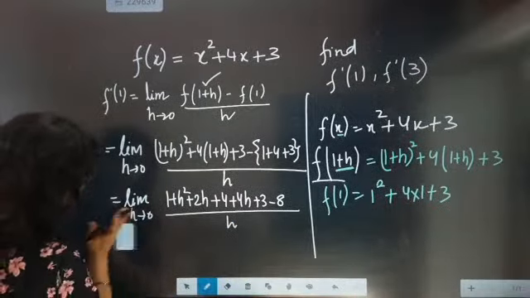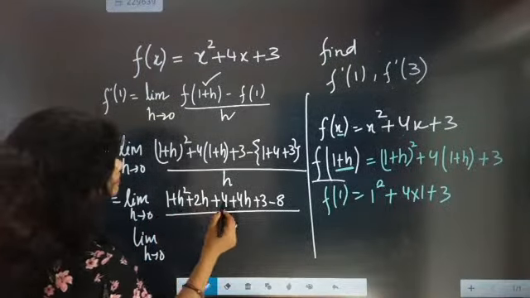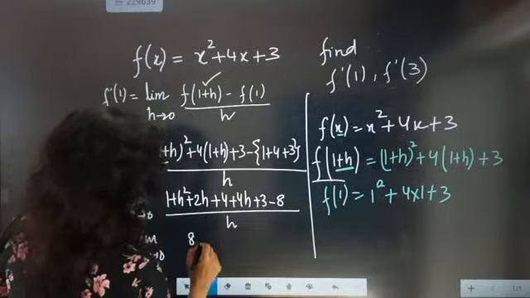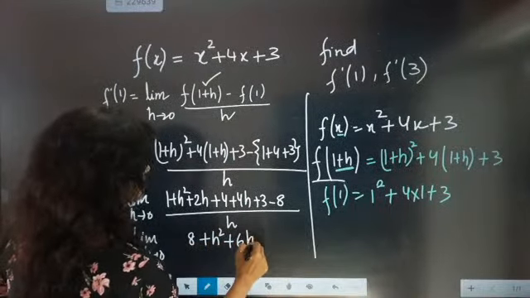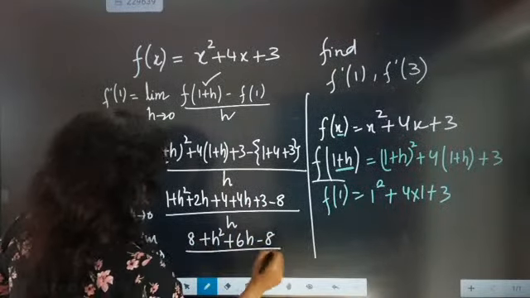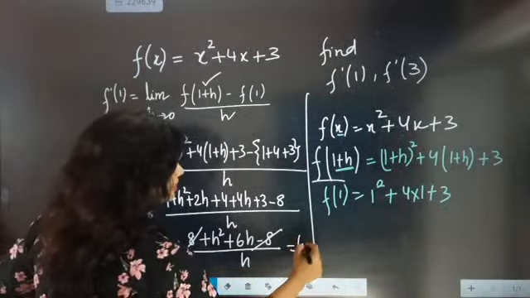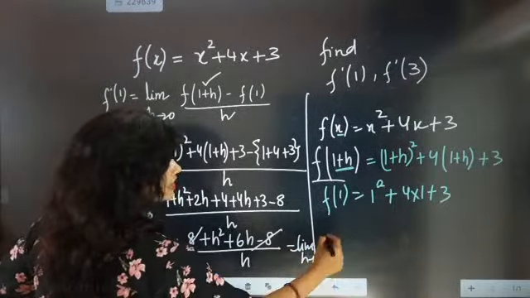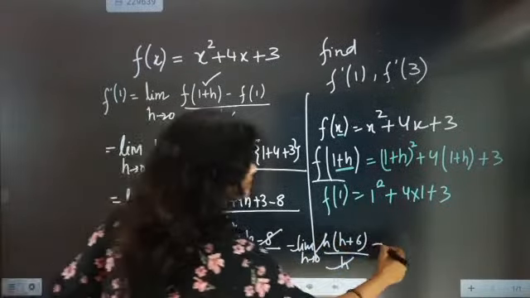Limit h tends to 0, 1 plus 4 plus 3 is 8, plus h square plus 6h, minus 8 by h. So plus 8 minus 8 will get cancelled. Now limit h tends to 0, take h common, it becomes h plus 6 by h. So the answer will come as 6.